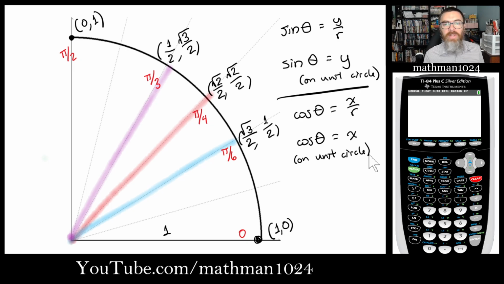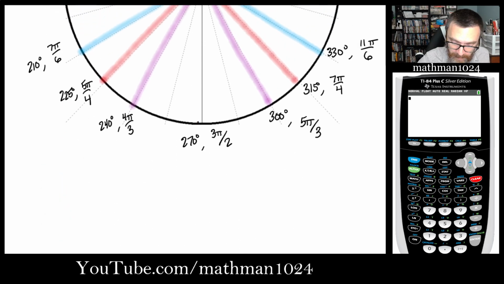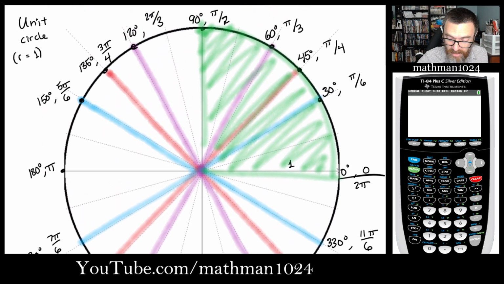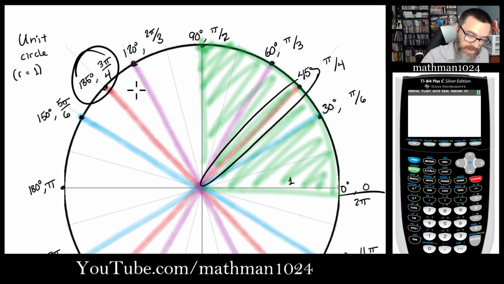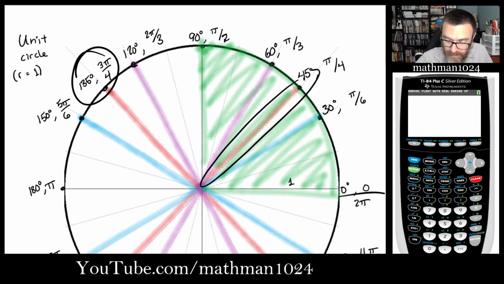So if we can memorize these values, it's going to be pretty simple. And if we have to figure out where we are in a different quadrant, that's fine, because we know from up here how the colors all work. So if you know what the coordinates are when you have a reference angle of 45 degrees, it's going to work for this guy. It's going to work for the other two on here as well. It's just a matter of picking the right signs.